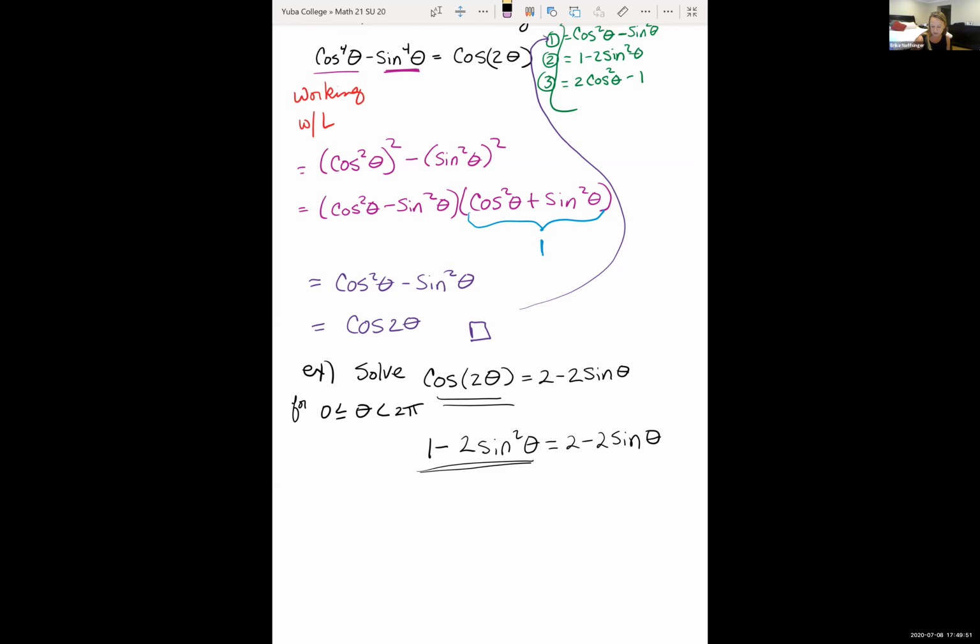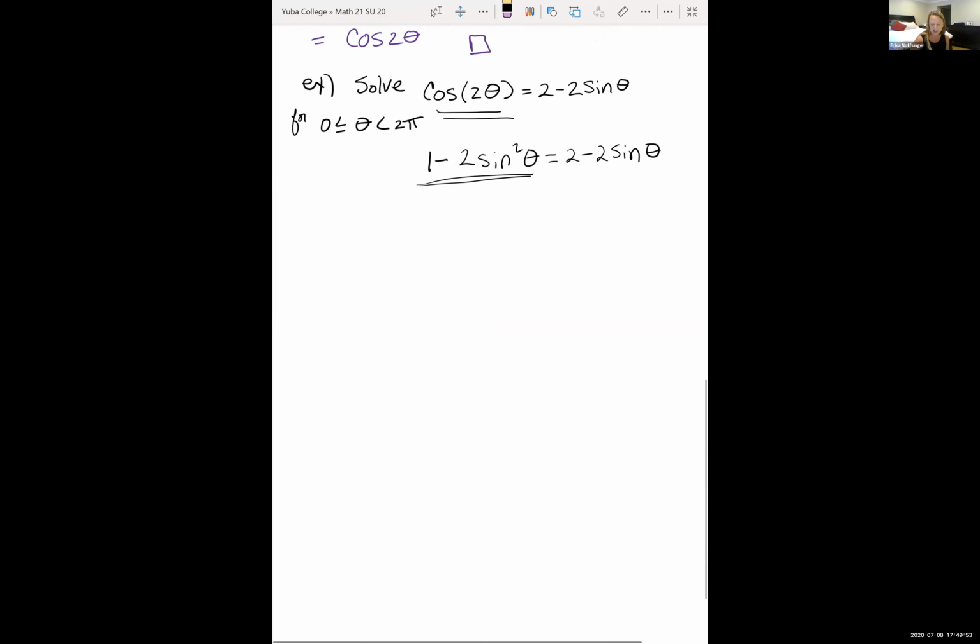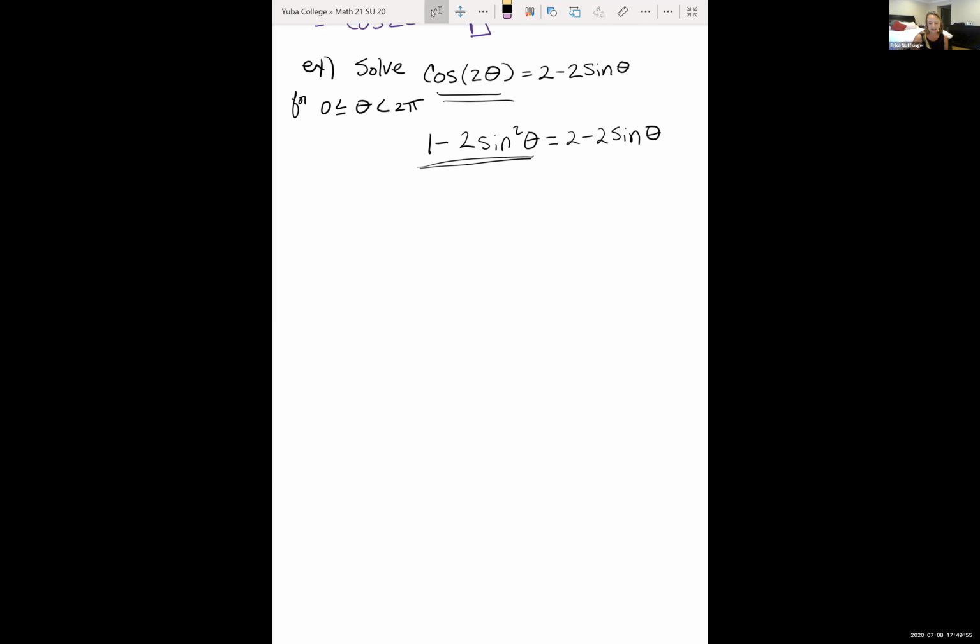Okay, so we just manipulated our equation to have only sine in it. I look at it to see what type of equation it is. It's quadratic, so that clues me in. I need to get everything to one side of my equation. I tend to prefer a positive coefficient in front of my square term, so let's add 2 sine squared to both sides. That would give us 2 sine squared theta, because there's none over here.